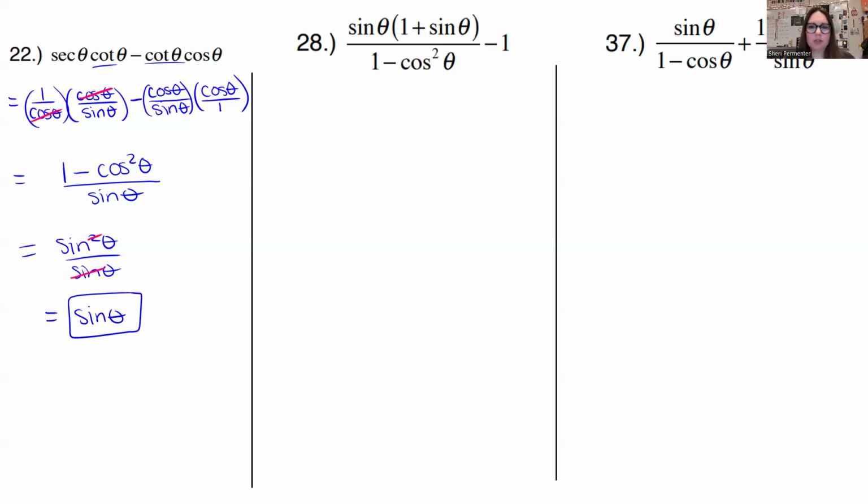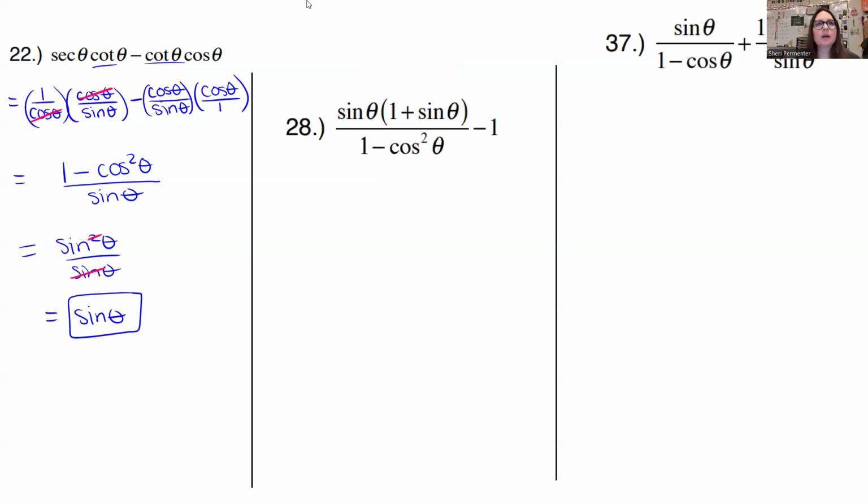I'm going to move down question 28. It doesn't have to be up there and it's kind of blocking. From here, I see a 1 plus sine. That's nothing unless I have a squared. 1 minus cosine, I can do something with that. What is that? Sine squared. So I'm going to kind of do two things.